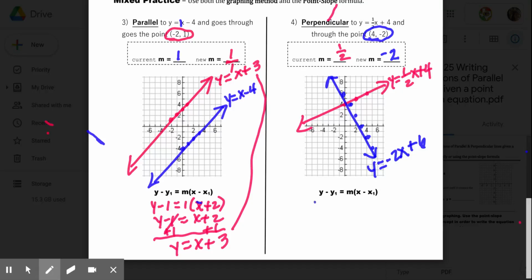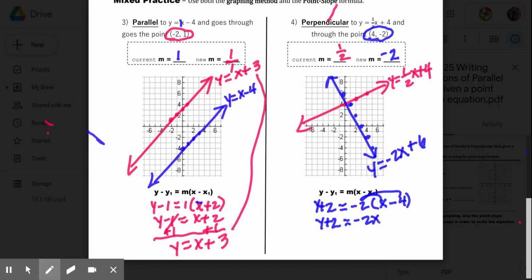So we're going to use y minus our y1 in that ordered pair is a -2, which will become a +2, equals our new slope is -2. And then we have x minus our x1 is 4. All right, so we have y plus 2 equals, then we're going to distribute. -2 times x is -2x.